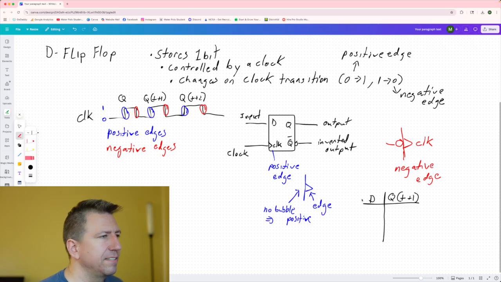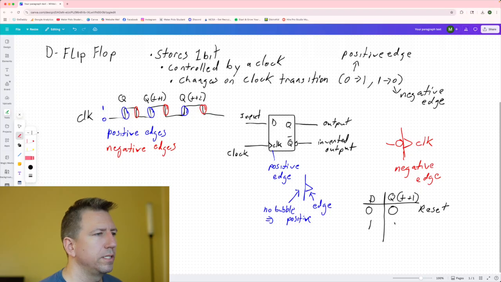So if I have a D that's 0, what is the next Q going to be? It's going to be 0. We call this functionality reset. That's the operation.